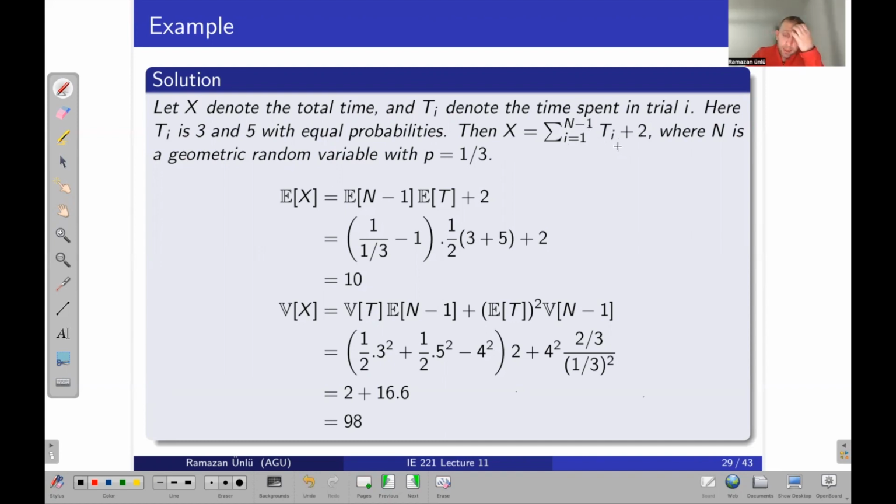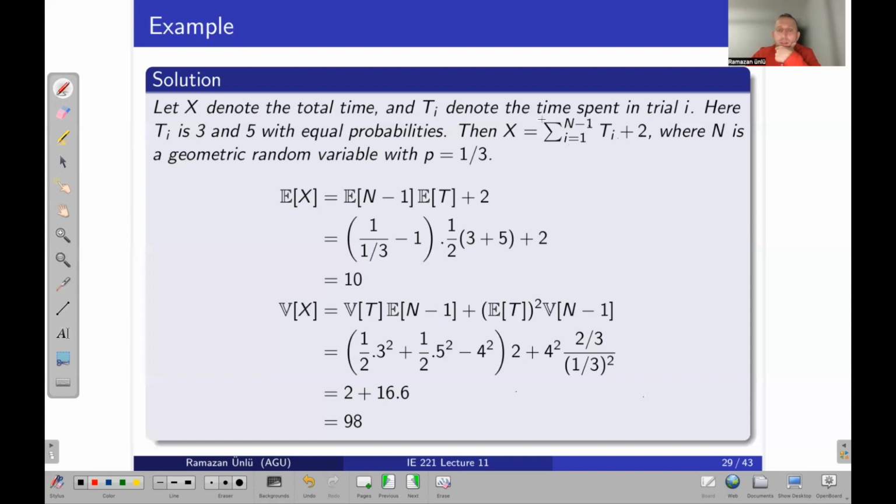Why? Because in the last choice, if he chooses the first door, he will escape. You can think of the first door as a success, and when I have the first success, the process will end. That's why I can think of N as a geometric random variable, where the probability of success p is 1/3.